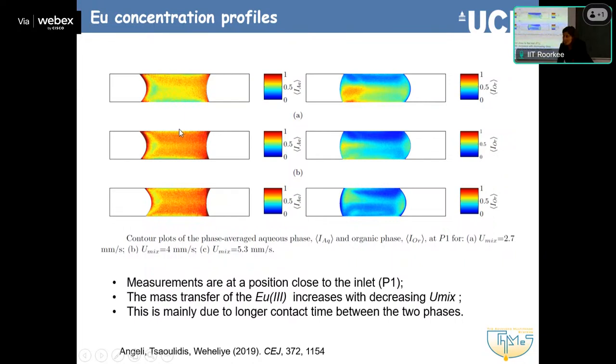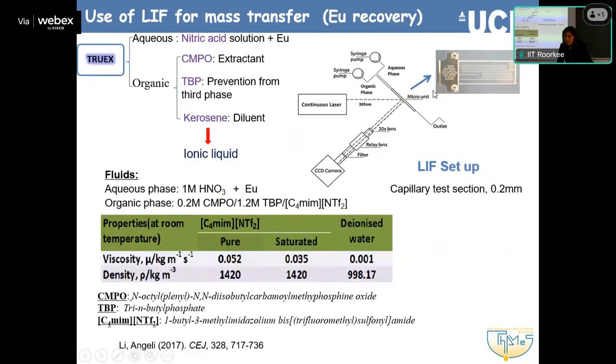So what we have here is that we have our europium in the beginning in the aqueous phase, which is the slug, and we wanted it to go to the plug phase, which is the ionic liquid. Because of the measurements, we cannot move our camera. So we were always measuring at one fixed location.